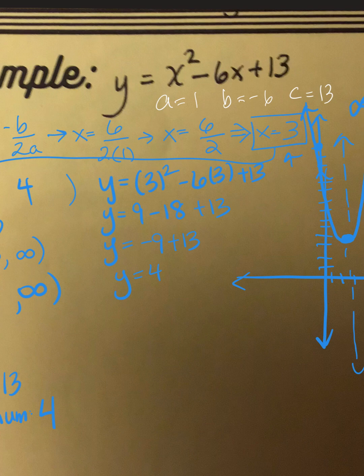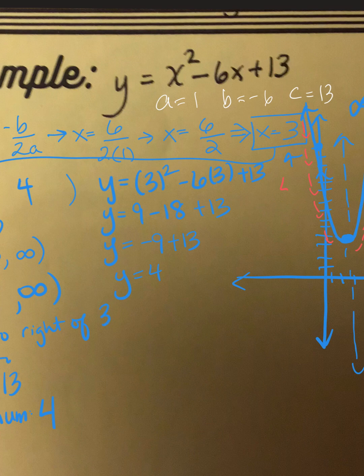And now I want to talk about how I do increasing and decreasing. This is the left, this is the right. It is going down over here and then going back up on the right. So it is increasing to the right of the x-coordinate, which is 3.